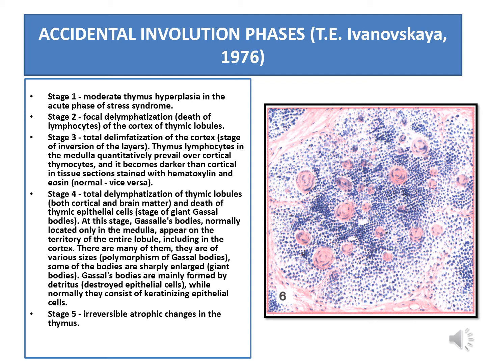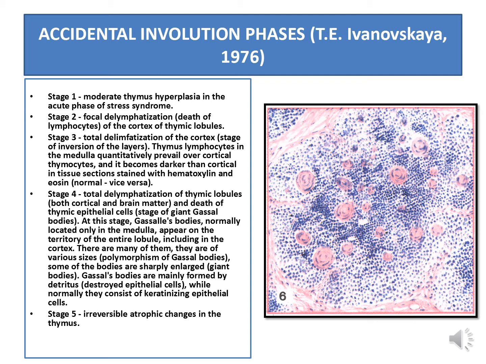It's the opposite of the normal situation. Thymus lymphocytes in the medulla quantitatively prevail over cortical thymocytes, and it becomes darker than the cortex in tissue sections stained with hematoxylin and eosin. In normal tissue, it is vice versa.